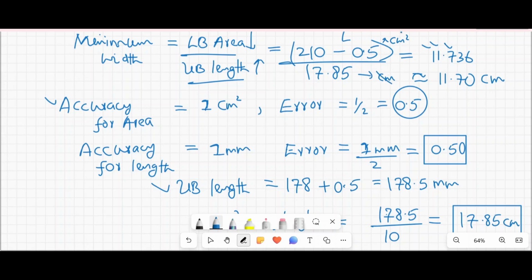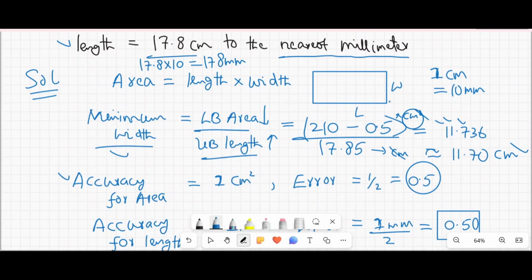So centimeter is cancelled. Now you will get just centimeter, which is the minimum width. So now our answer is minimum. I hope you have understood it. This is the width. So minimum width we have found for the rectangle.